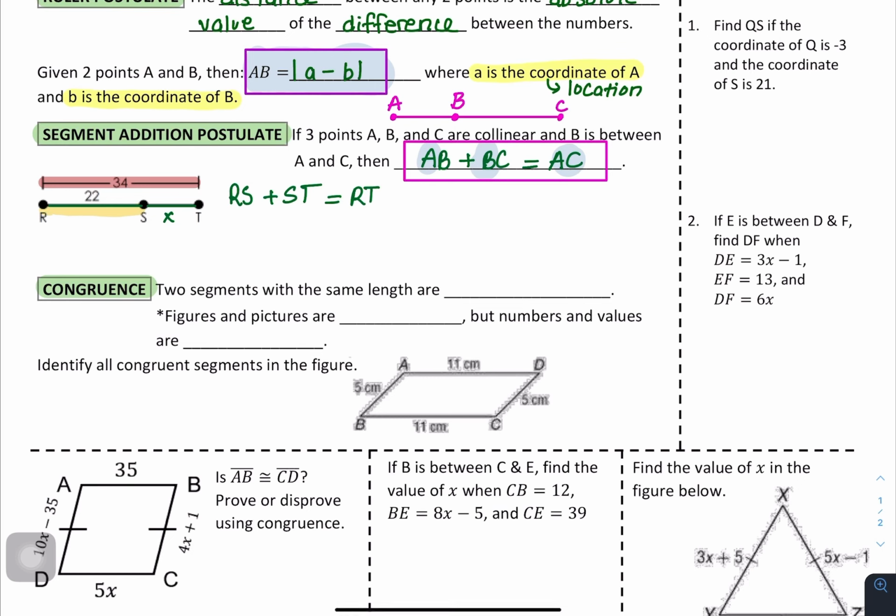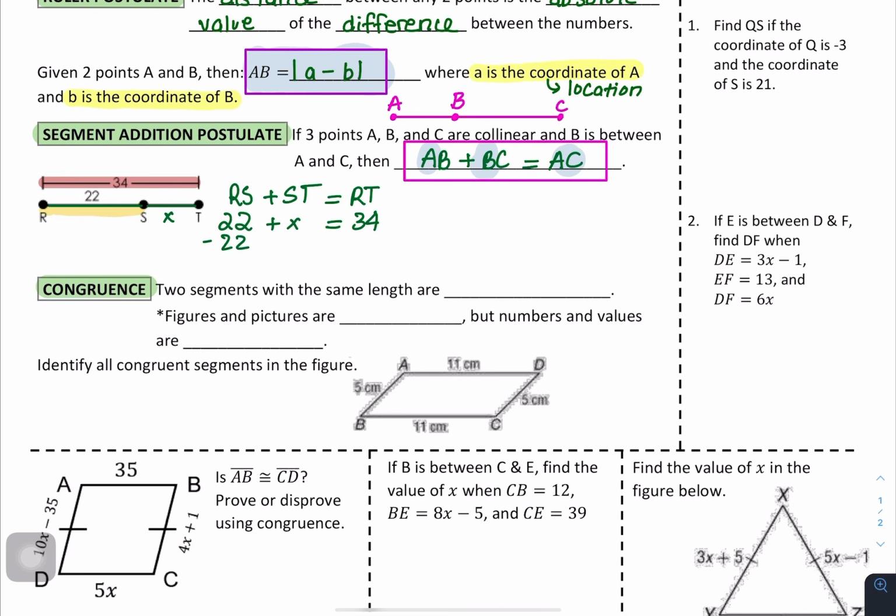Now RS is 22, the ST we don't know, that is the unknown value X, and the RT is 34. Now it gives us an equation with one variable. This is really simple. We're going to solve for X.